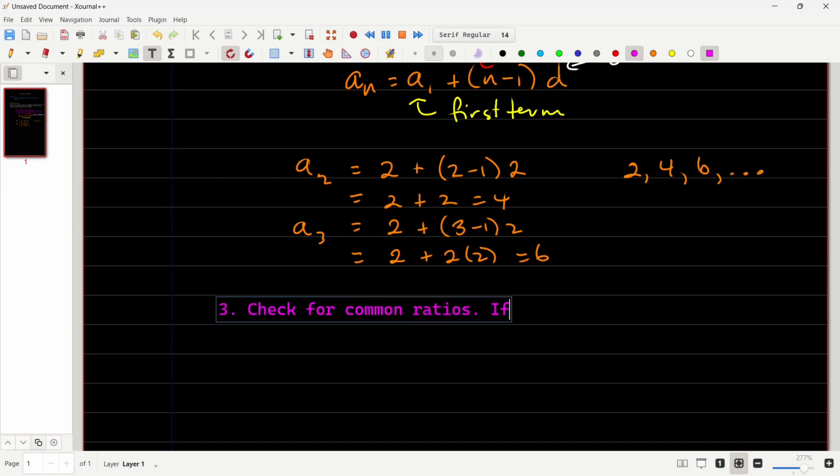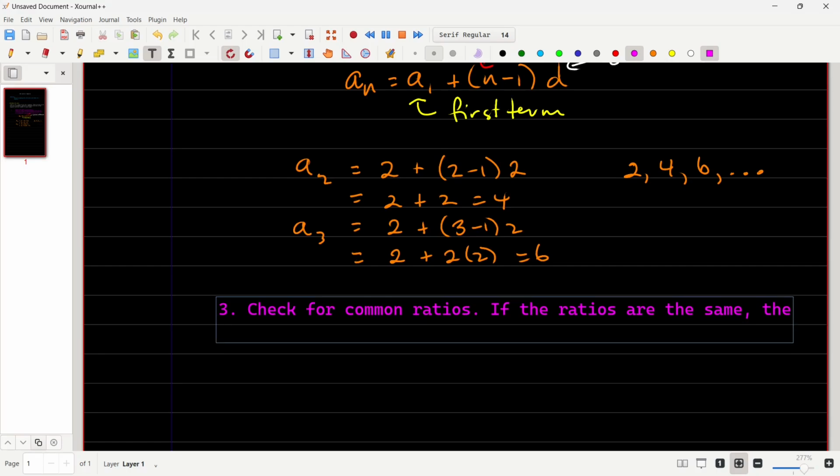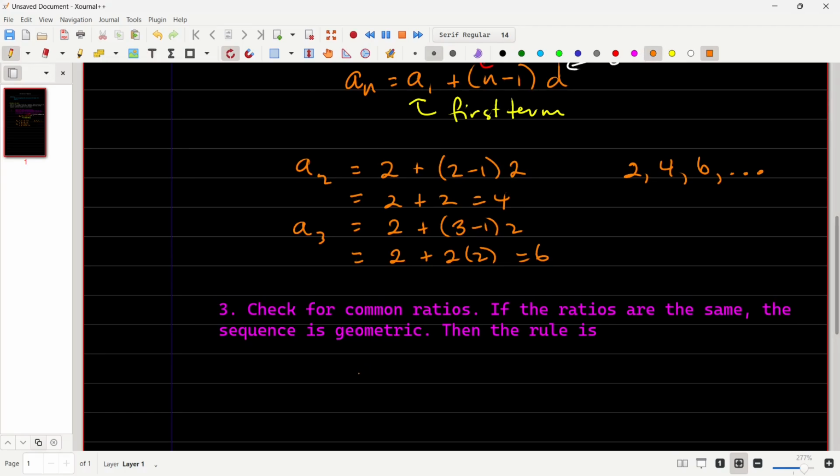If the ratios are the same, the sequence is geometric, then the rule is, and that rule will be again in orange, an will be equal to the first term times that common ratio raised to the power of n minus 1.